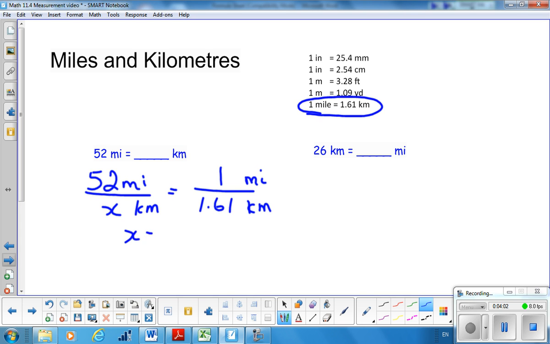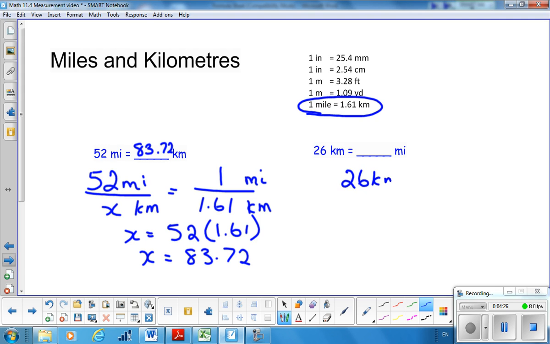When we cross multiply, we end up with 52 times the conversion factor. So 52 times 1.61 gives me x being 83.72. So 52 miles is about 83.72 kilometers.